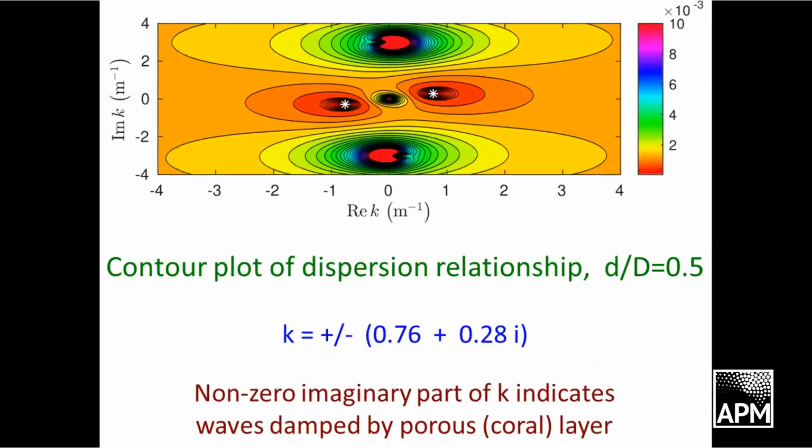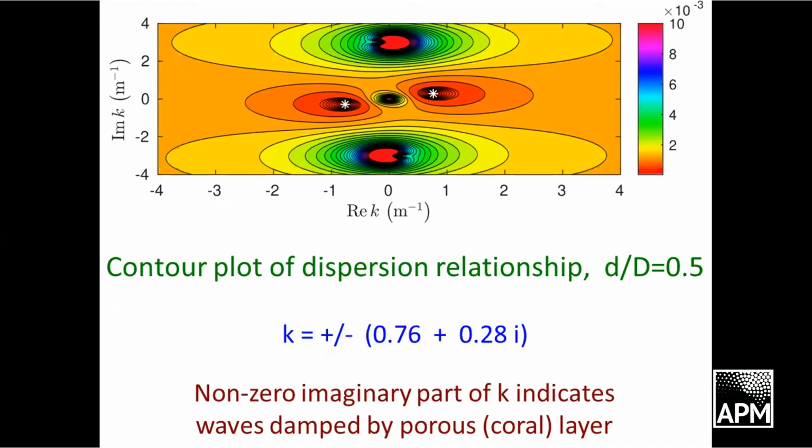This is a plot of the dispersion relationship for the water depth equal to the porous layer depth. You see different values of the left-hand side, and it's equal to 0 where you have the white stars.